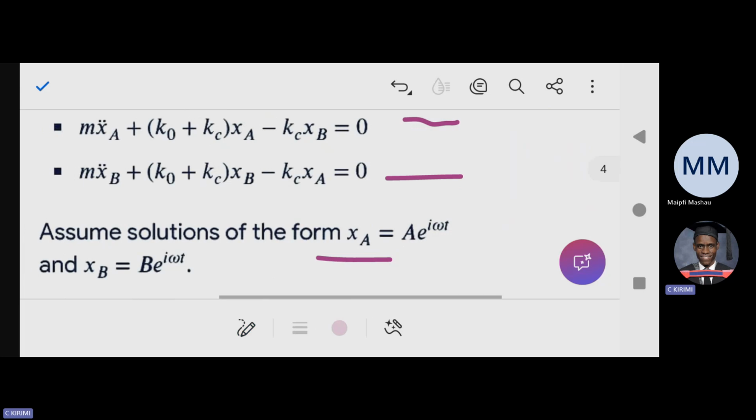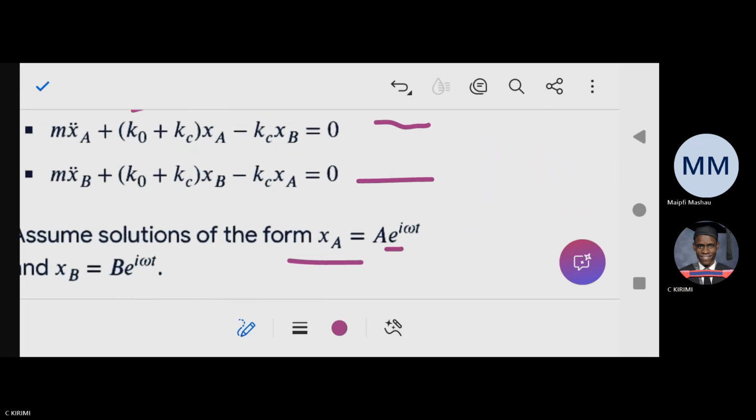E means an exponential to the power i, which means complex, where i, we know, is the square root of negative 1. Remember, the square root of negative 1 is what? i. You know it now, it's complex. So that is i omega t.